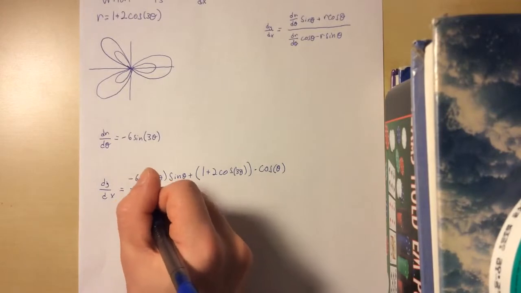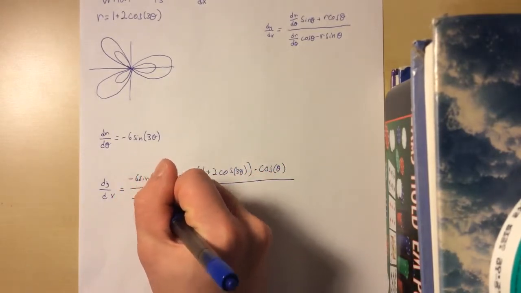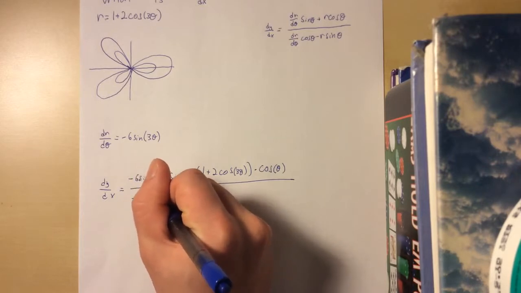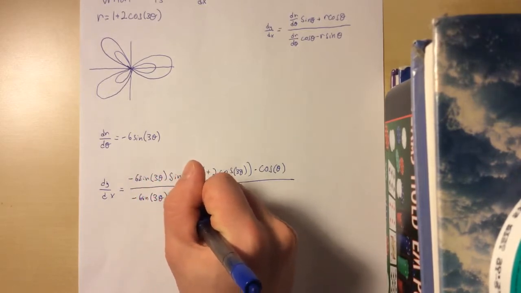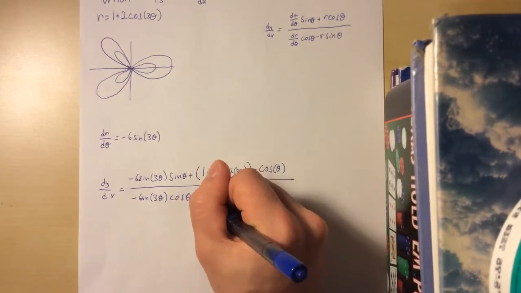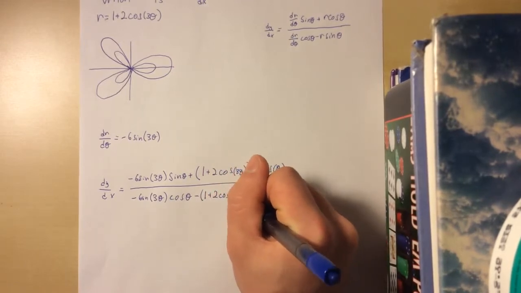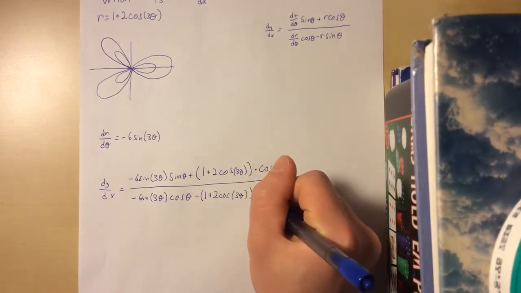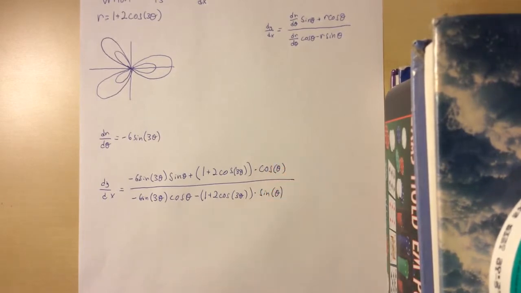Alright, now we're going to divide all of that by, well, we have another negative 6 sine 3 theta times cosine theta, minus our r times sine of theta.